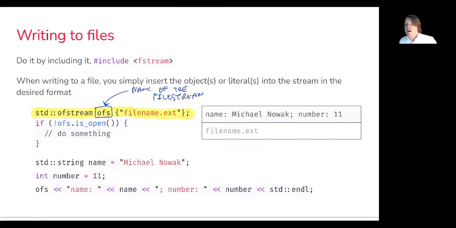And then I'm going to provide the name of the file that I would like that stream to be bound to within this curly brace notation here. At the end of this statement, ofs is going to be bound to the file name.extension.